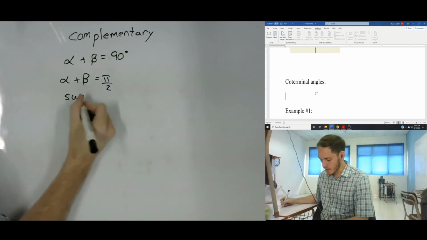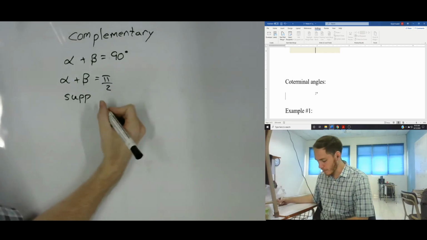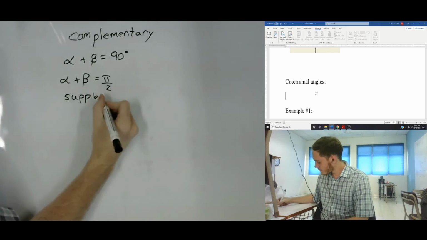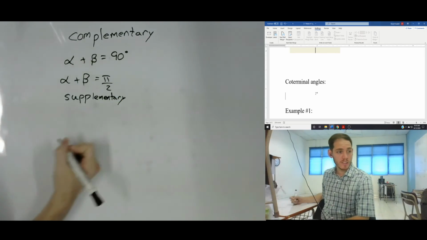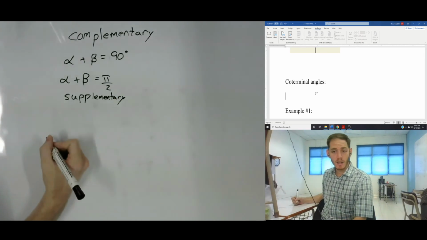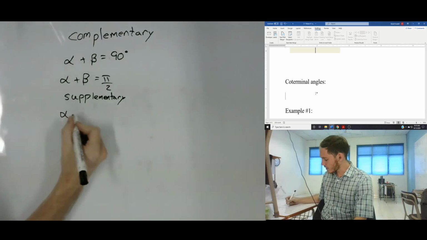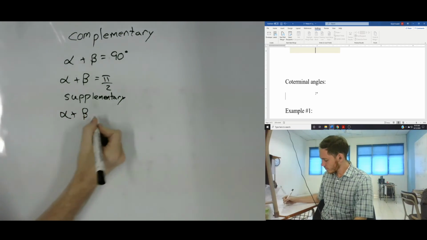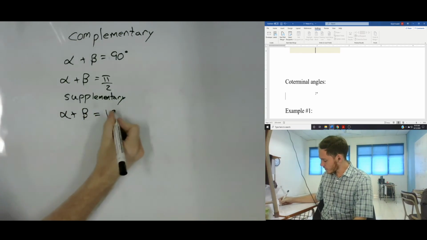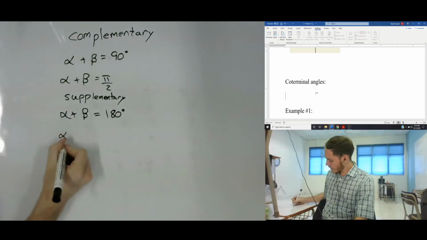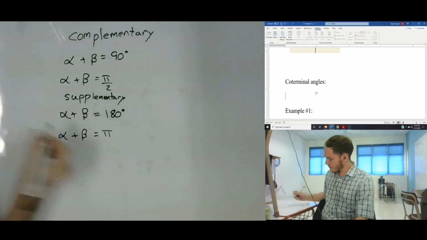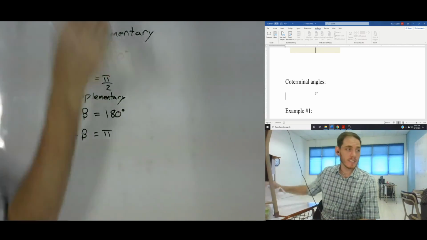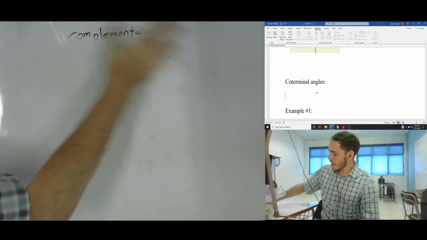Sorry, supplementary is the one where they add up to be pi. So supplementary is 180 and is equal to pi. Okay, and that's in radians. Okay, so that's going to be brief.